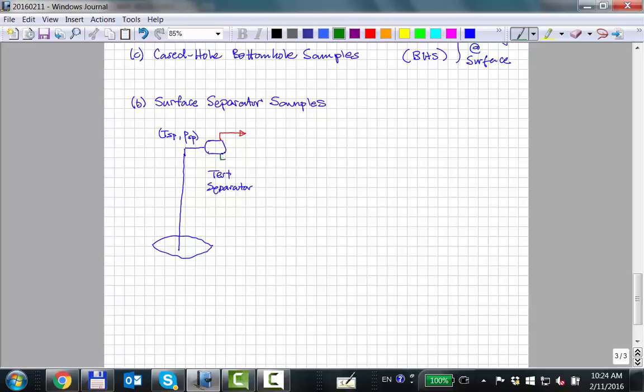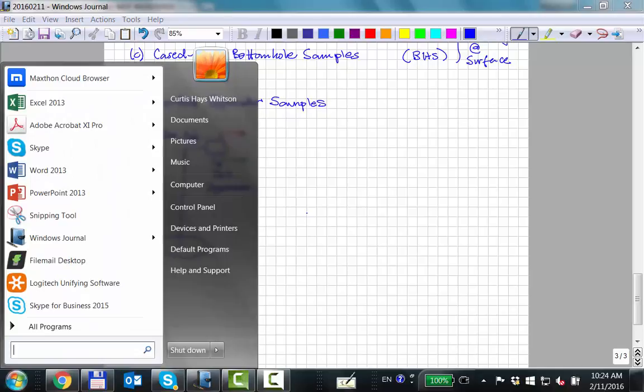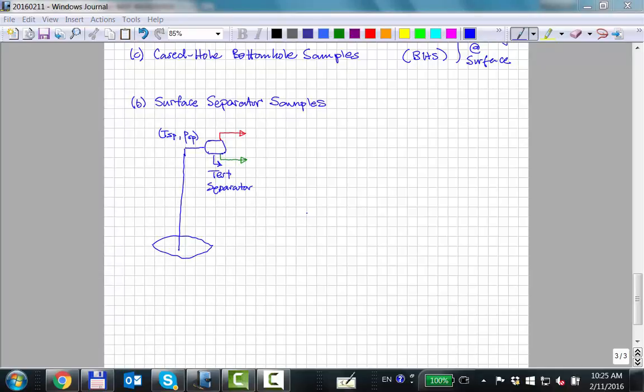And there, of course, there could come water as well, but I'm ignoring that in connection with this discussion. So we're mainly interested in the separator oil. So we'll obviously be measuring the volumes of the separator oil. So I'm going to write it oil volume, and I'm going to use SP to indicate that it's an oil volume at separator pressure and separator temperature. It's not a stock tank oil volume.